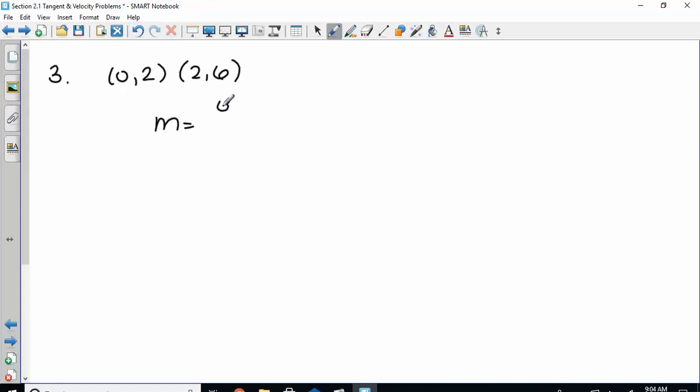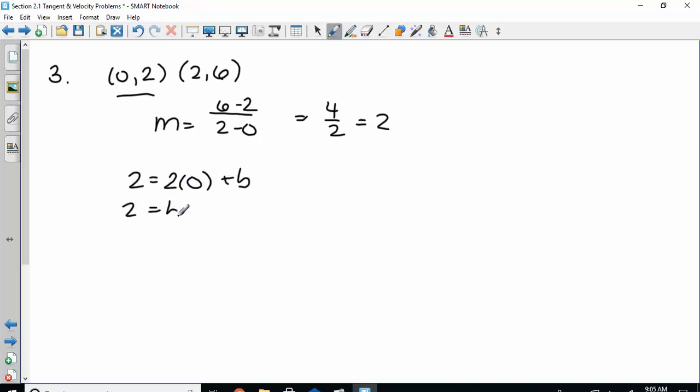So find my slope, y2 minus y1 over x2 minus x1. Get a slope of 2. And then we can do the y equals mx plus b to get my final equation. Are you guys okay with that? Know what I mean from here? One of your points. So your final equation would be y equals 2x plus 2.